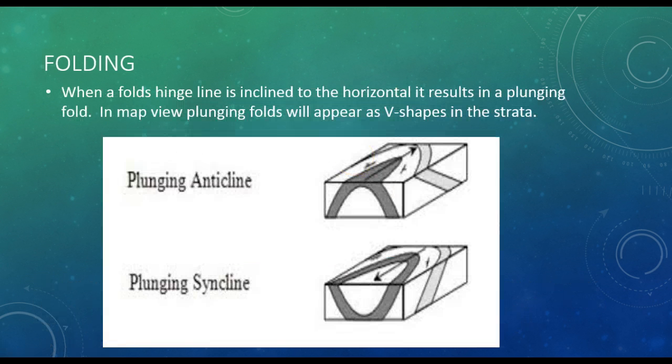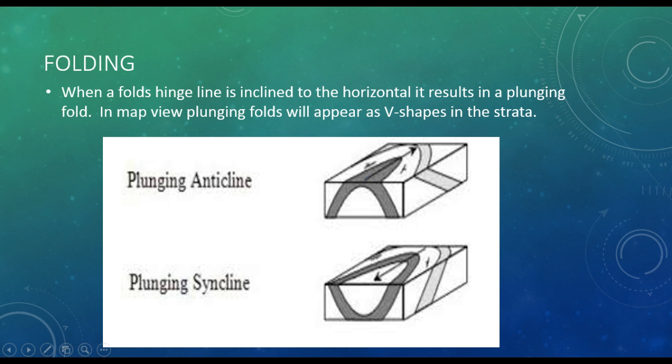All right, sometimes in folding, when a folded hinge line is inclined to the horizontal, it results in a plunging fold. In map view, a plunging fold would appear as a V shape, as we see here in this image, both top and bottom.